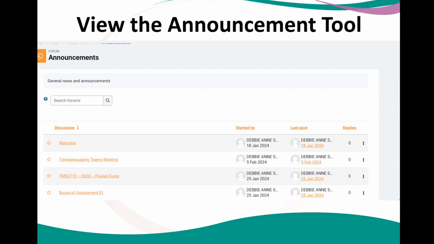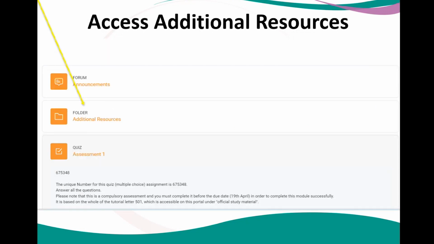If there are relevant websites which we feel would be relevant for you to complete your assignments or for extra reading and extra discussions, they will all be posted over there. So please keep an eye on the additional resources. As you can see, there are quite a number of additional resources already posted. Updated resources will be made available as soon as possible.